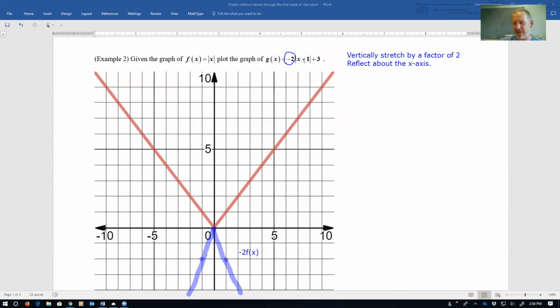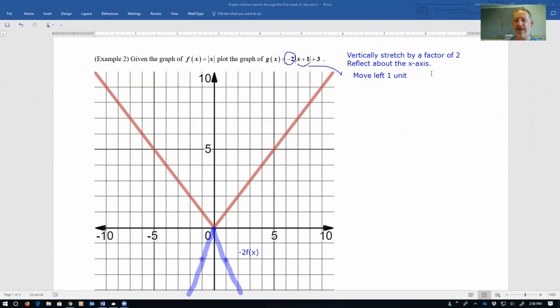Now I have an inside change of +1. We know that is going to move things to the left 1 unit. Remember, inside change is counterintuitive. So this will move left 1 unit.